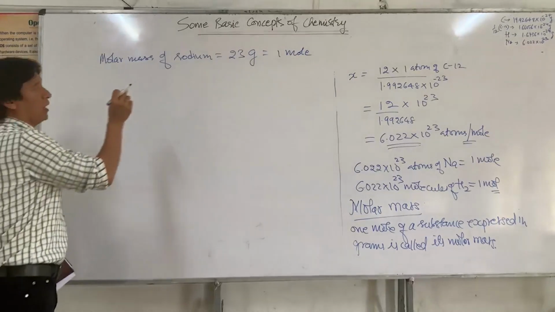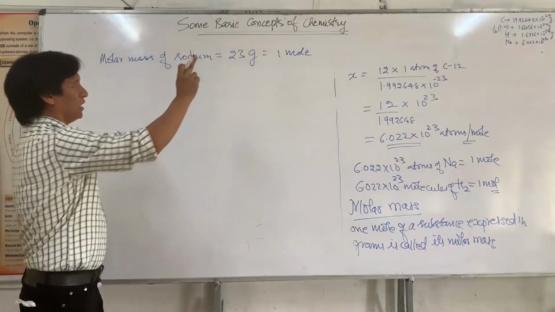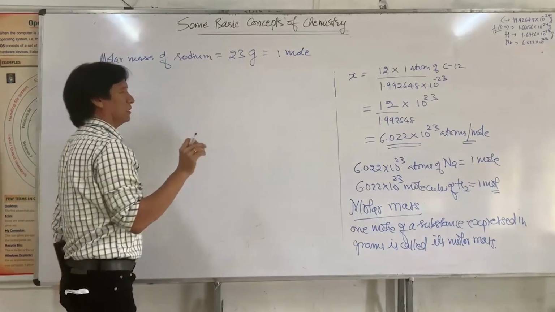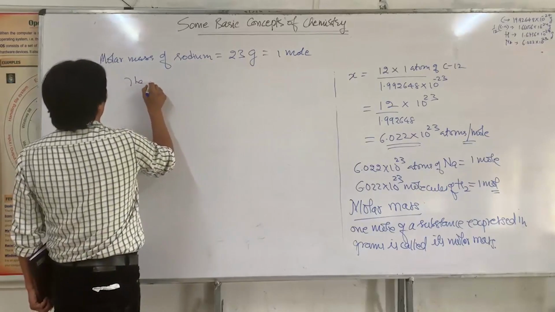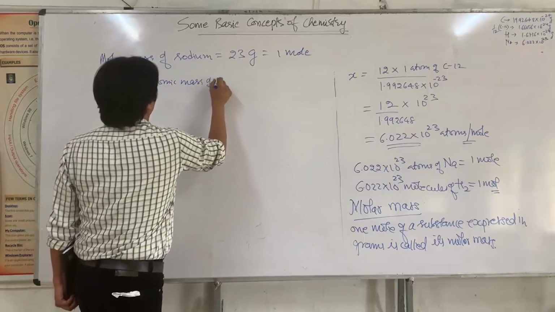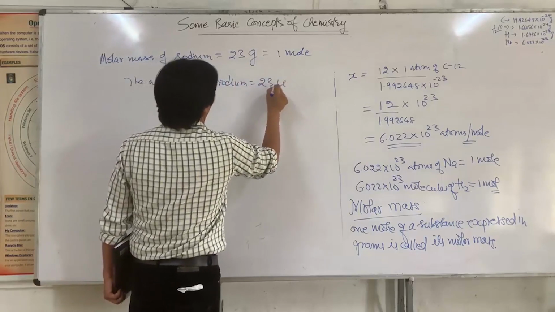Now, the mass of an atom of sodium is based on its atomic mass. We know that the atomic mass of sodium is 23 unified mass.